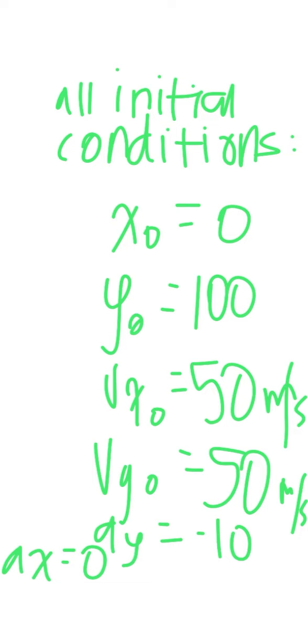So these are all the initial conditions of the object. x0 is 0, y0 is 100, vx0 is 50 meters per second, vy0 is 50 meters per second, ay is -10, so 10 in the negative y direction, and ax is 0. So now that we have all of these conditions, we can go ahead and try to draw the graph, and this will help us to answer the problems.